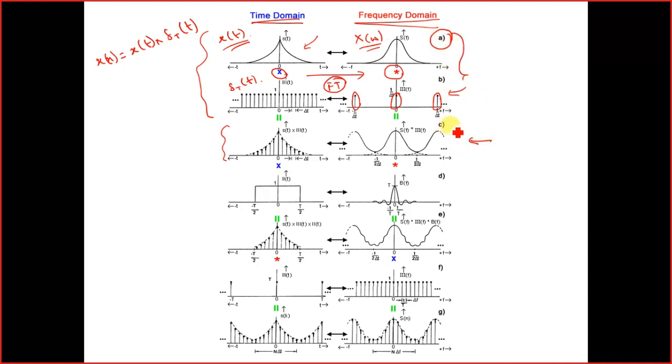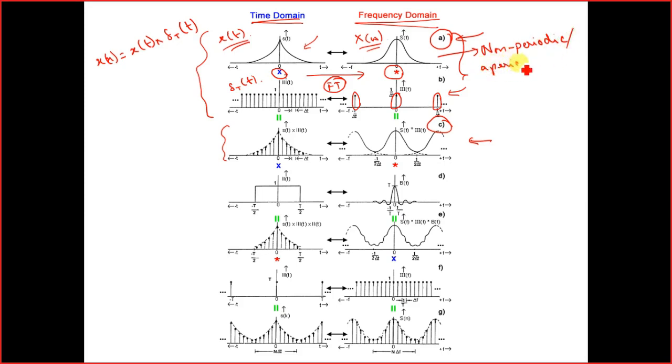If you compare A and C, in A we had a spectrum which is non-periodic, or aperiodic. When we convolve the aperiodic signal with the impulse train in the frequency domain, the signal becomes periodic in nature.